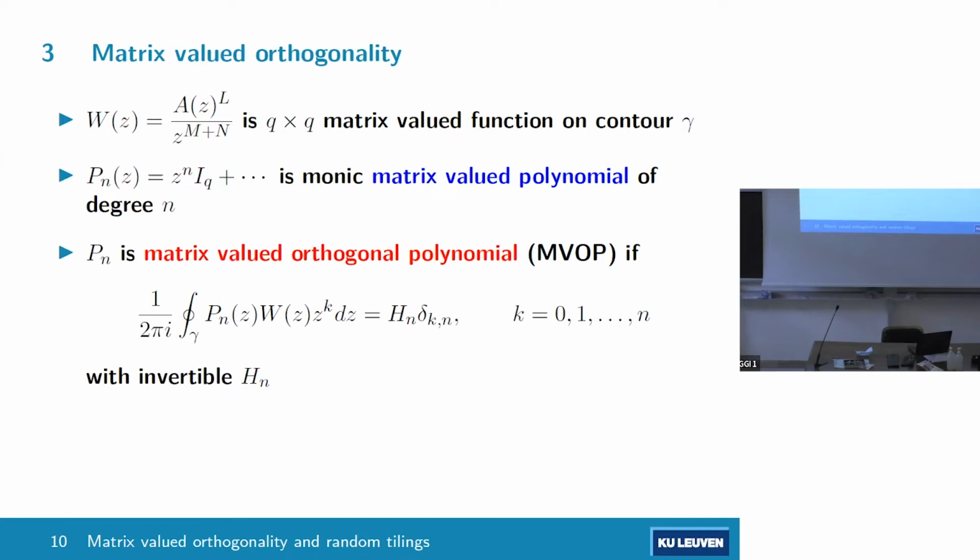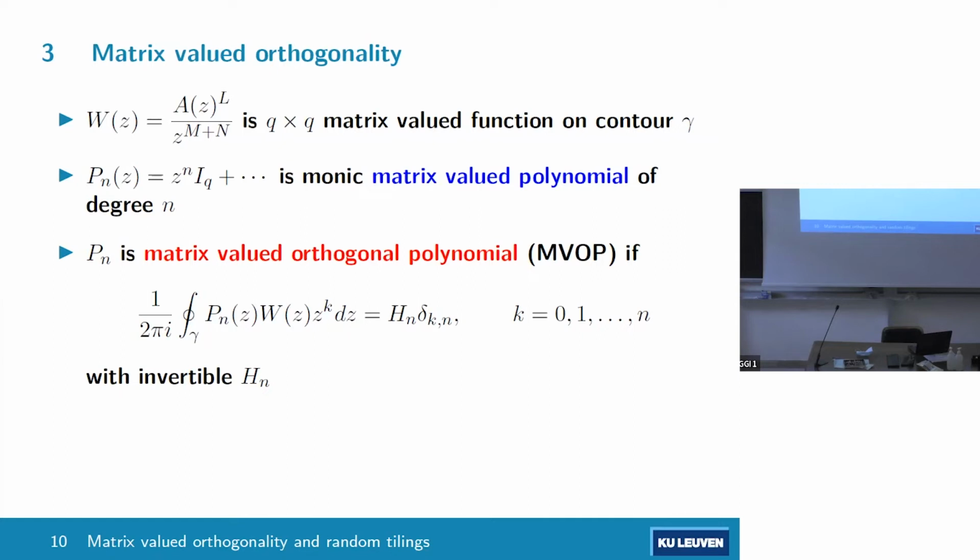So I take my Pn, which is a matrix valued polynomial of degree n, so meaning it's a polynomial in one variable, but its sizes are q by q. And I take it to be monic here. IQ is an identity matrix of size q. This times the W is again a matrix, and multiply with some c to the k, and k goes from 0 up to n here.